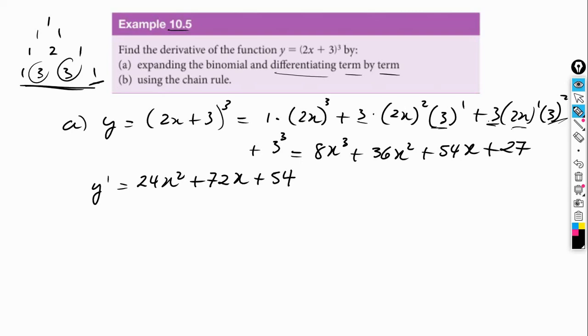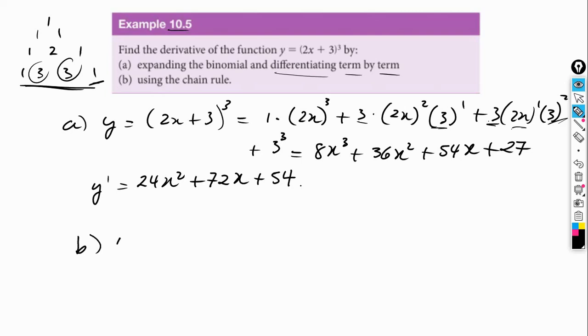So this would be the derivative, and this was after expanding the binomial and differentiating the resulting polynomial term by term. Okay, but what if you use the chain rule? The chain rule is going to make this type of process a lot easier, right?